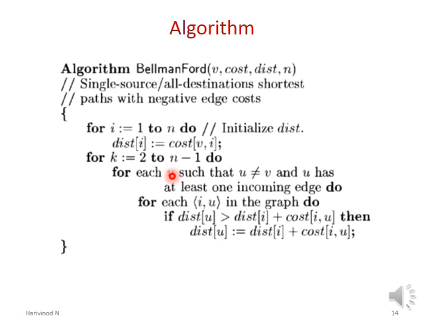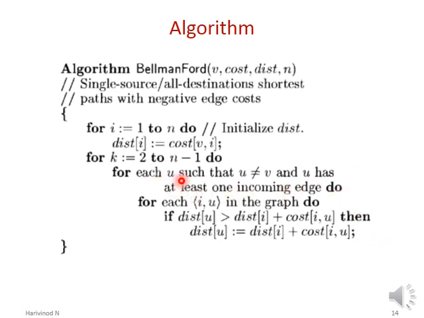For each vertex u which is not the source vertex, and from I we have an incoming edge to u, for each that particular edge I to u, see whether it gives a better distance than the existing one. Suppose it gives a better distance, update the distance. So this is the core part of the algorithm.